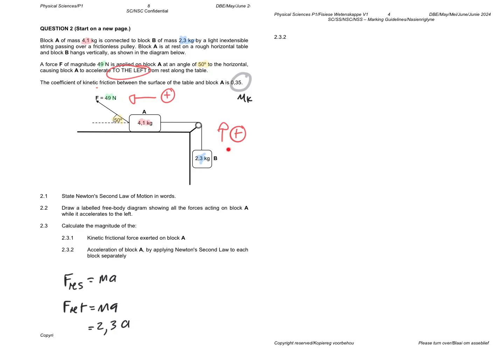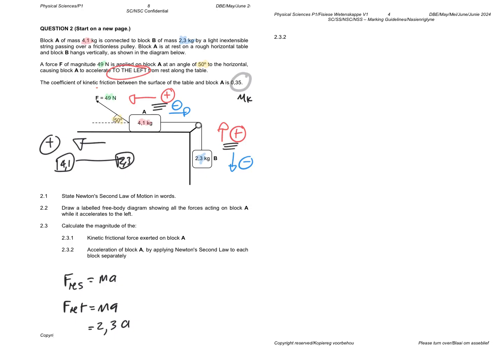Up for this one and left for that one are the same direction. If I do the opposite and make that one minus and down minus, those two are the same direction. If you can imagine them on a flat surface, if this was 4.1 and this was 2.3, that way is positive. It's up on the one going over the edge and left on the one on the table.